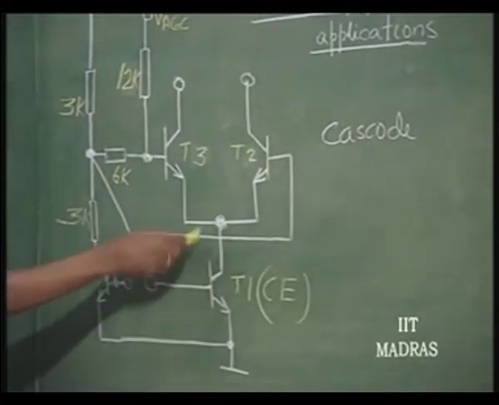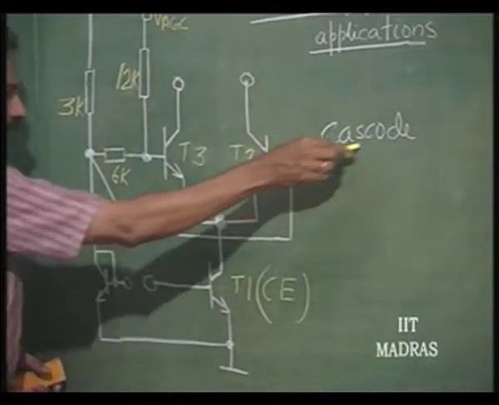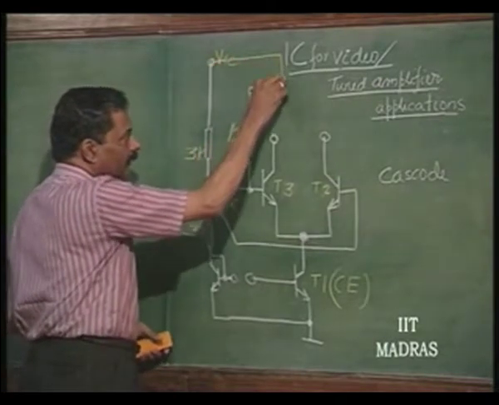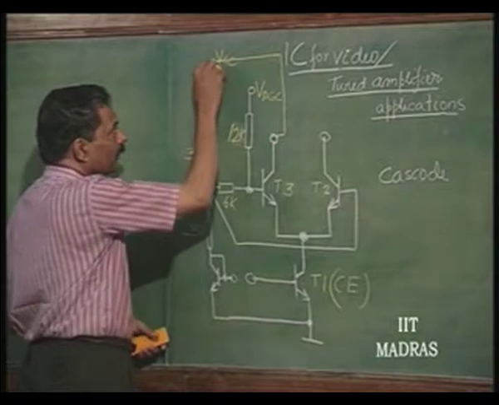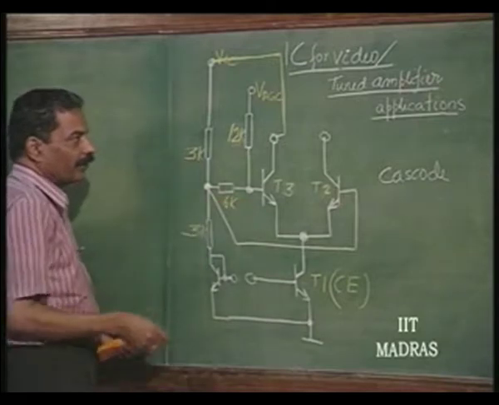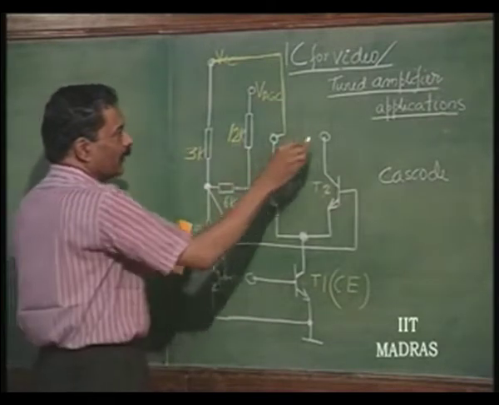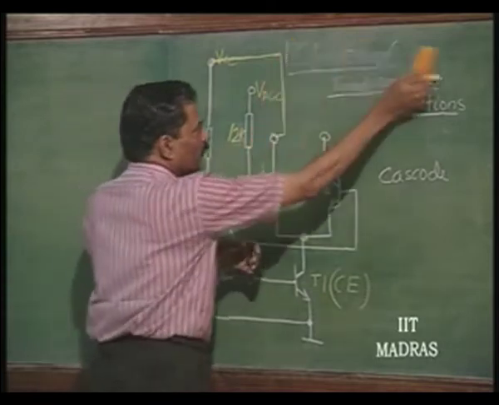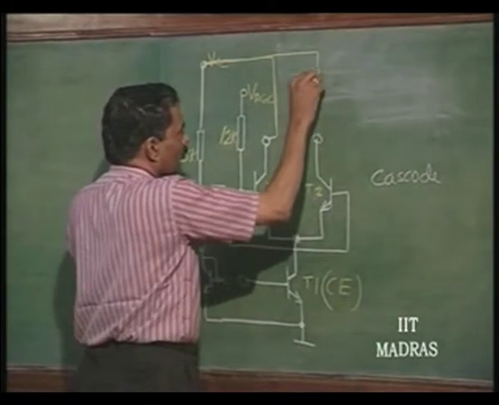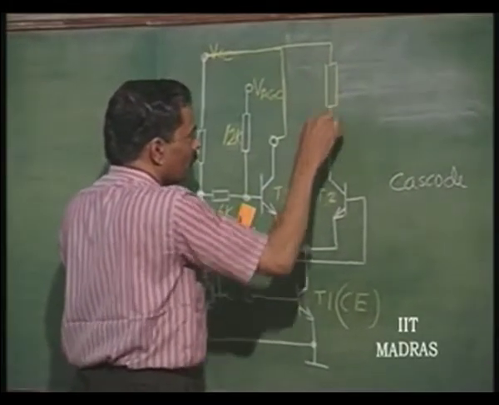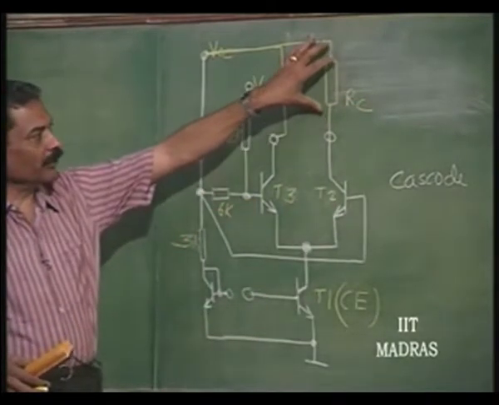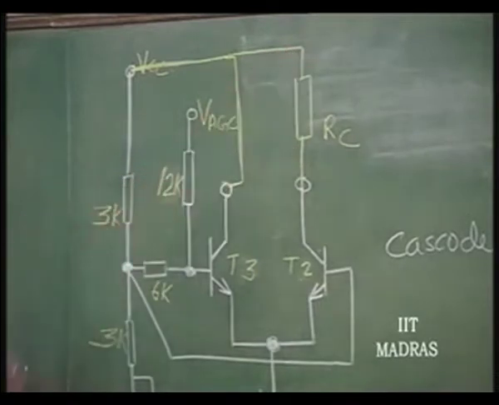So, this combination T1 and T2 can be used as a cascode if, for example, I connect externally VCC to this, so that this transistor may not come into picture in the actual structure, and here I connect the load, the external load. In the case of a wideband amplifier it is resistive, in the case of a tuned amplifier it will be a tuned circuit.